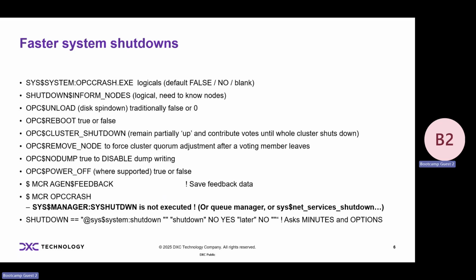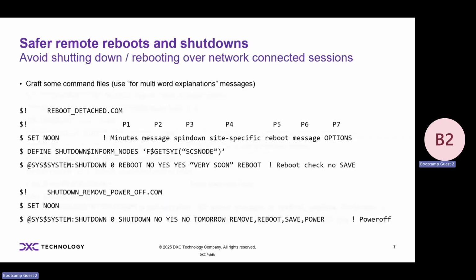Of course, it's not shutting down any queues that I talked about before. And you could, of course, define your shutdown command to be this. Note that I've got blanks in a couple of the quotes, so that what it will do is ask you whatever you haven't specified. So it'll ask you minutes and your options, and everything else will just be defaulted.